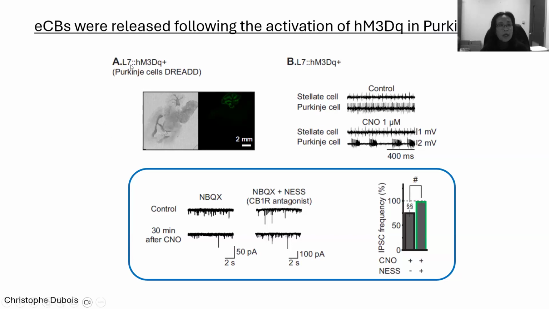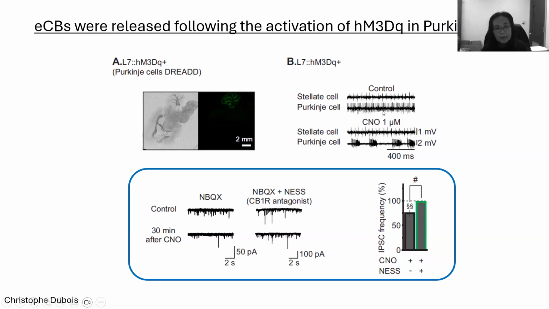So this is the L7-Cre Gq DREADD animal. We bred L7-Cre with a Gq DREADD animal, and you can see here that the YFP is only expressed in Purkinje cells.